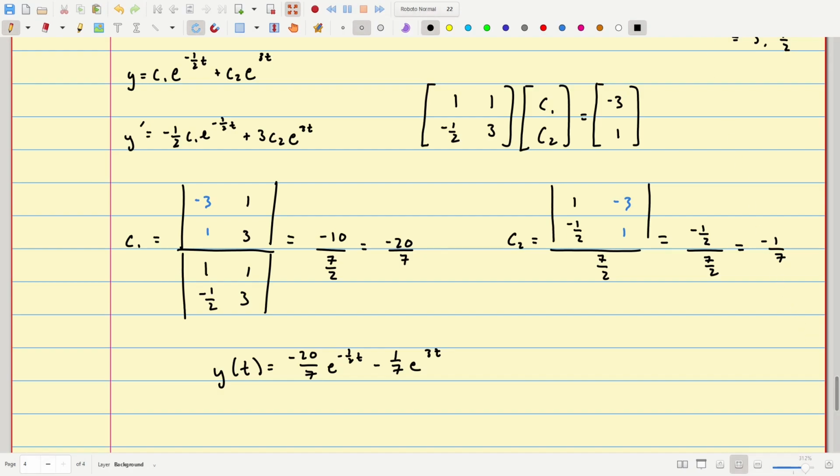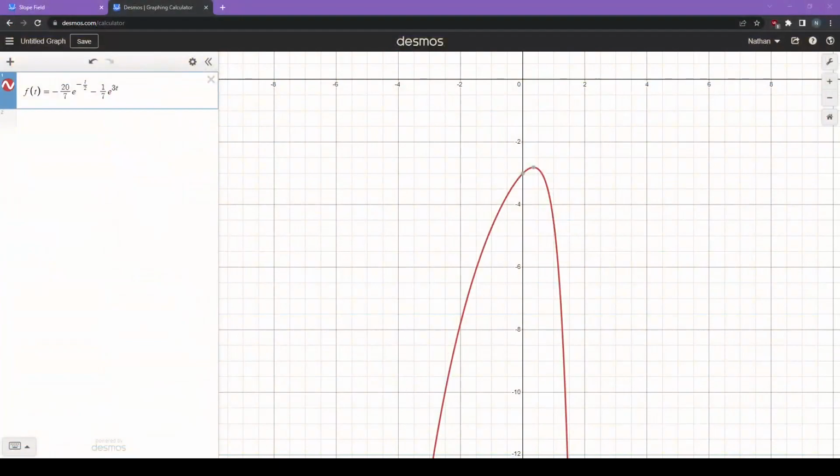All right. Switching over to a graphing utility, we can see that this is what the plot of the solution looks like. And to take things a step further, let's go ahead and take a look at what's going on with our initial conditions.